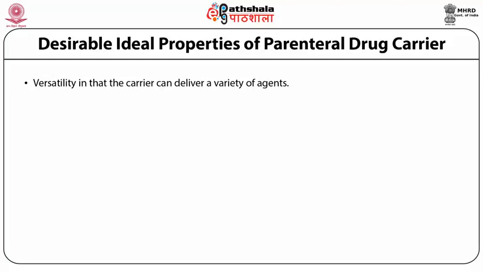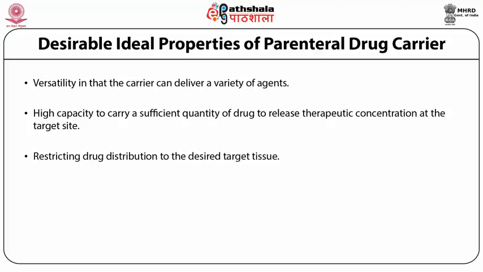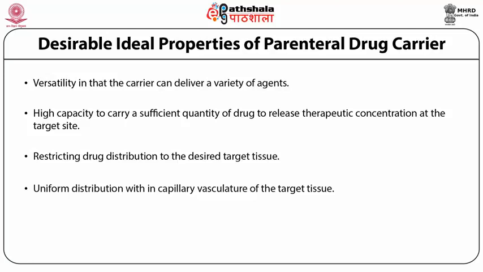It should also have the property of high loading capacity so that it can carry a sufficient amount of drug to release the therapeutic concentrations at the target location. It must be able to limit the drug distribution to the expected target tissue. Uniform distribution within the capillary vasculature of the target tissue should be ensured.